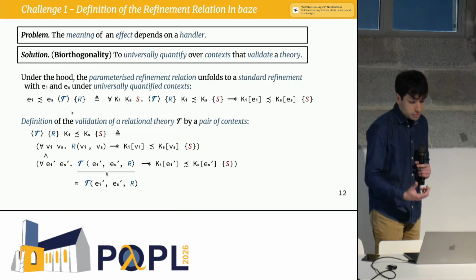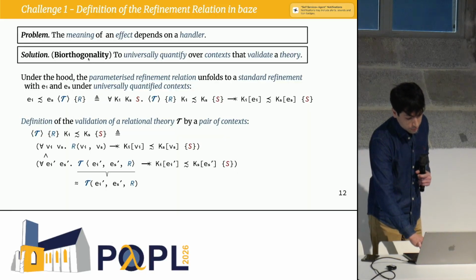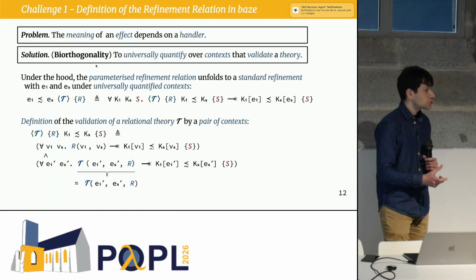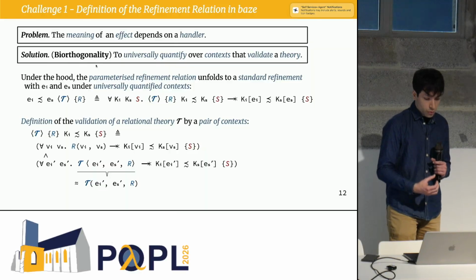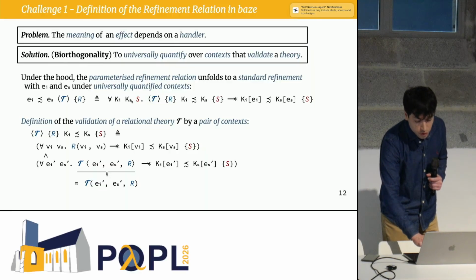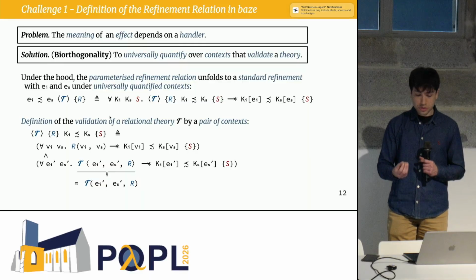And here the idea is to rely on this technique from the literature called biorthogonality, which essentially means that under the hood, we're always talking about some universally quantified context.